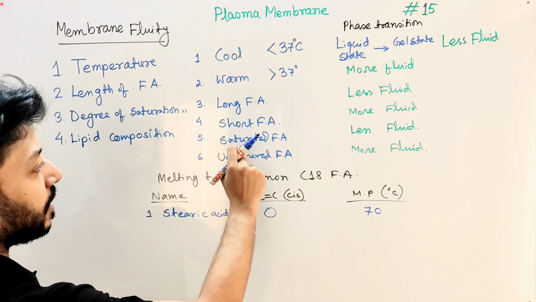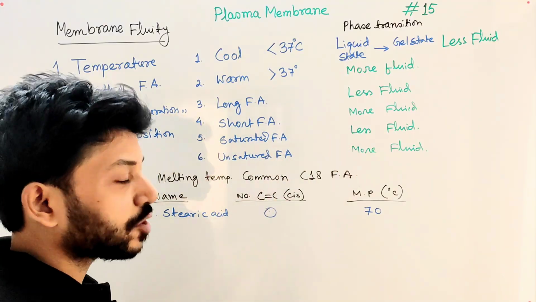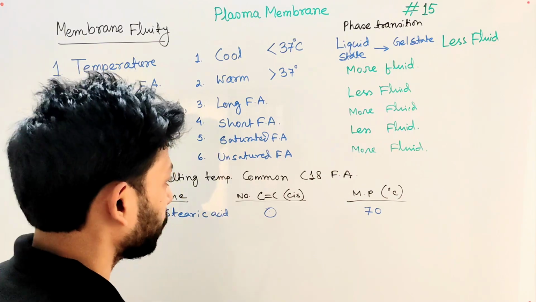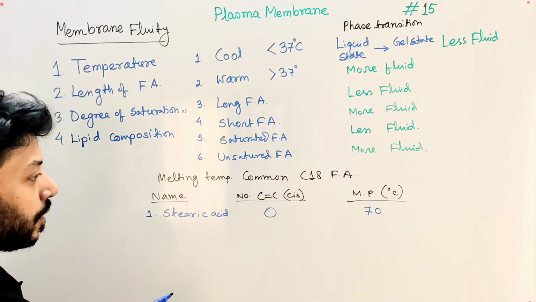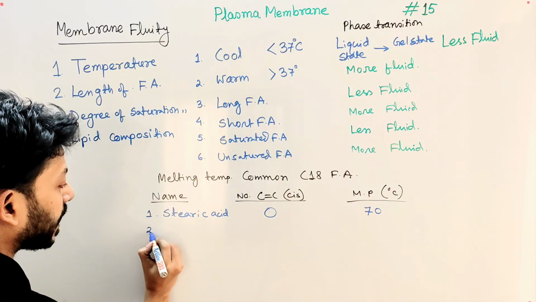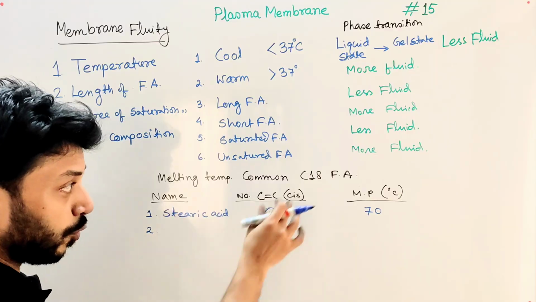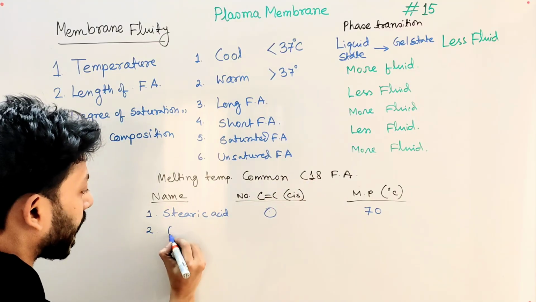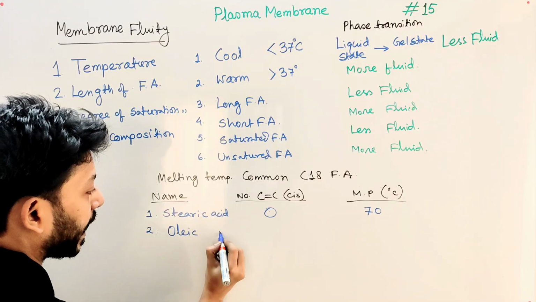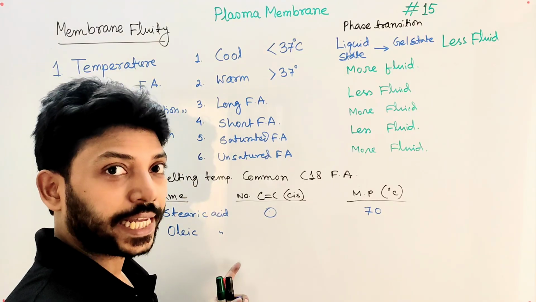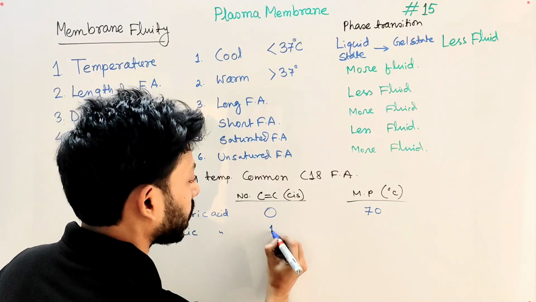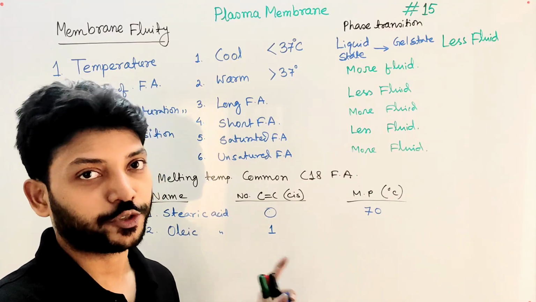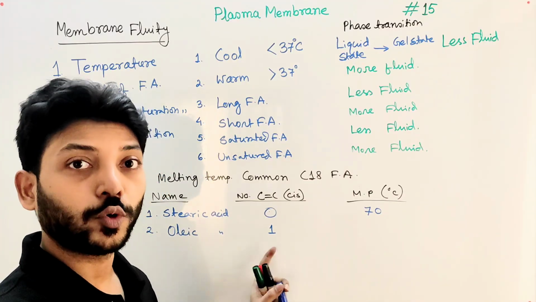As I mentioned, saturated fatty acids are less fluid in nature, so they require more heat, more temperature, to melt the fatty acids. Then one example of a fatty acid with C18, the length of this fatty acid is the same, is oleic acid. This fatty acid contains one single carbon-carbon cis double bond, so it is a monounsaturated fatty acid. It is unsaturated, but monounsaturated.